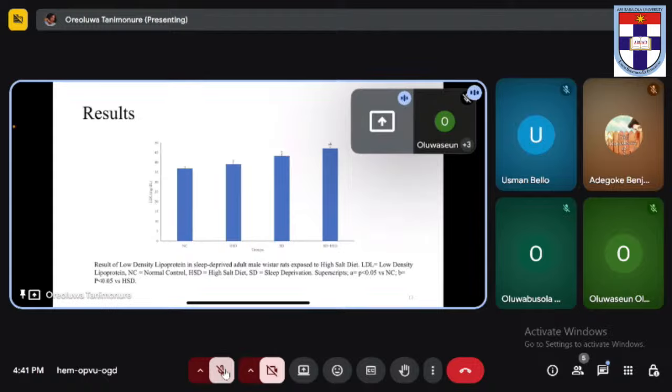The highest low density lipoprotein group, the combined group, is significantly different from every other group. And that shows us that low density lipoprotein, which is the bad cholesterol in our body, has an effect.